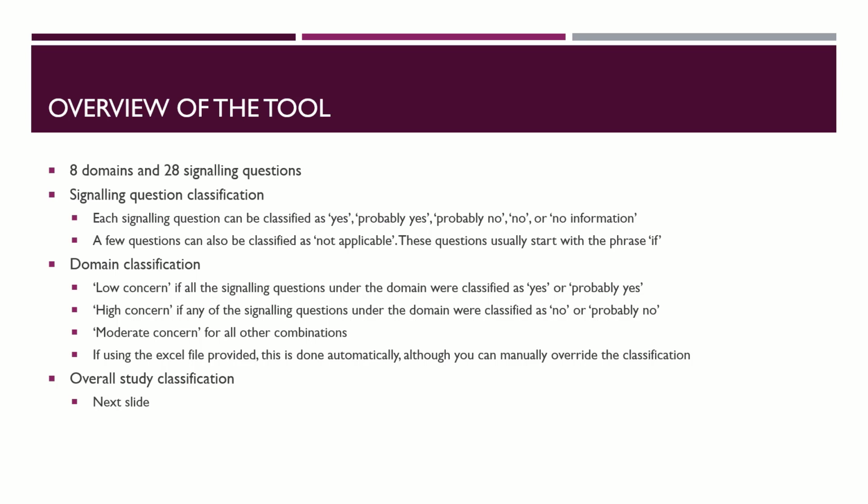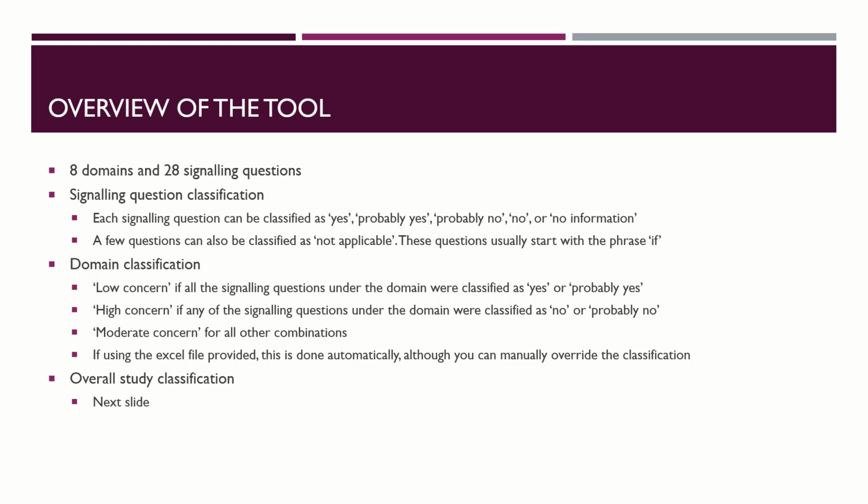How do you classify the domain? You classify the domain as low concern if all the signaling questions under the domain were classified as yes or probably yes, high concern if any of the signaling questions under the domain were classified as no or probably no, and moderate concern for all other combinations.